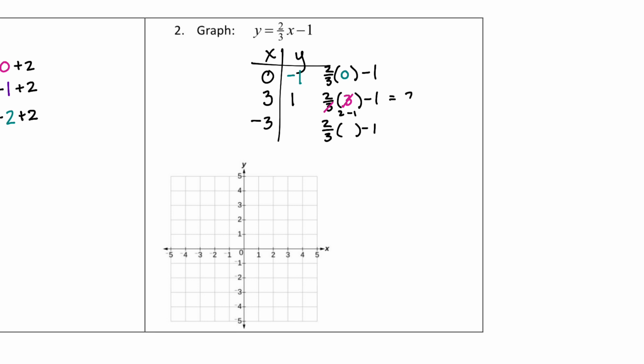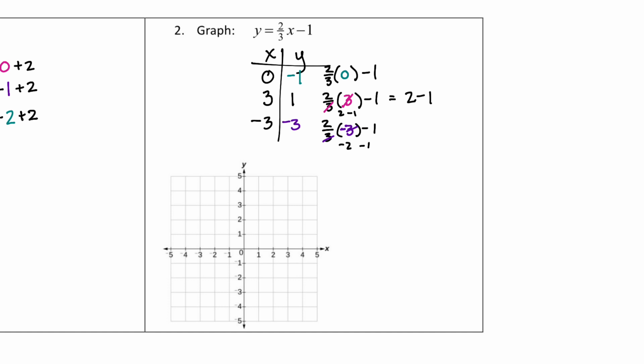Or you could go off here to the side if that's too squishy. Put a 3 in. Whoops, sorry, negative 3, right? 3's cancel. So now I have 2 times negative 1 gives me negative 2 minus 1, which is negative 3.